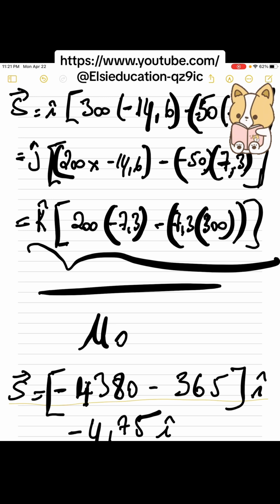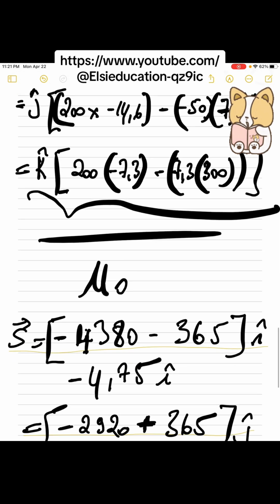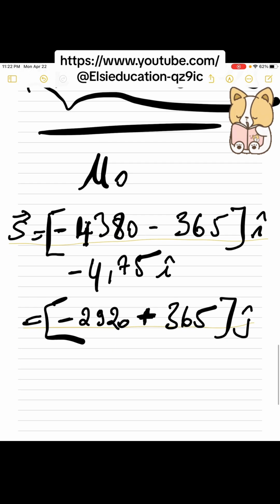So that's 50 multiplied by 7.3 plus 65. So 29. No, 2.5 exactly, 2.5.